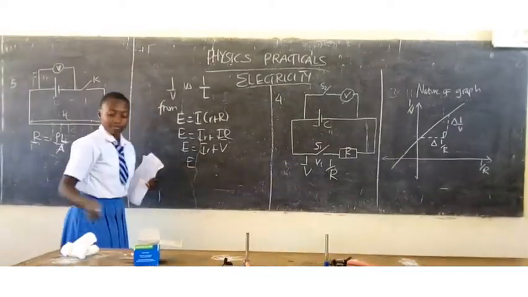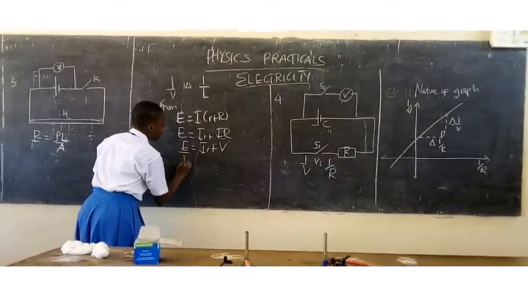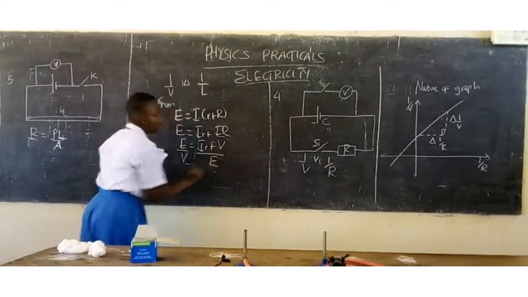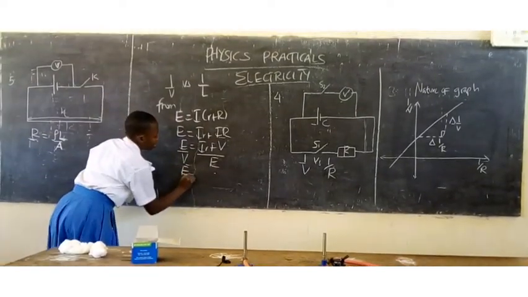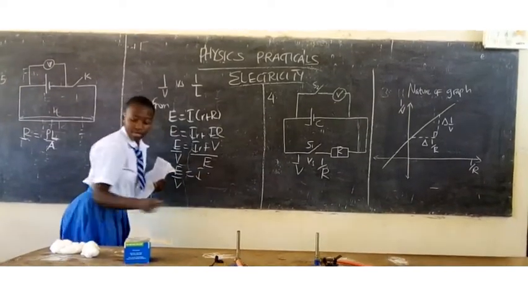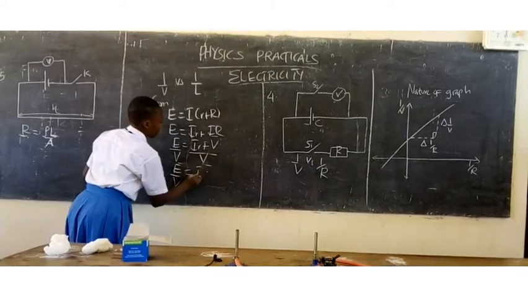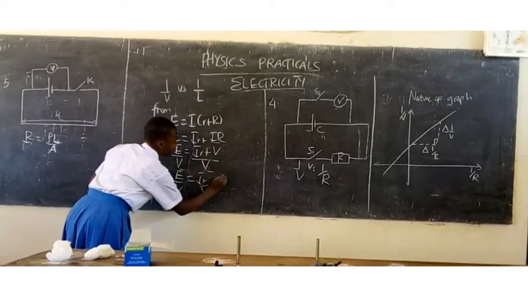Here I divide by V on both sides. Then I get E over V equals I r over V plus 1.